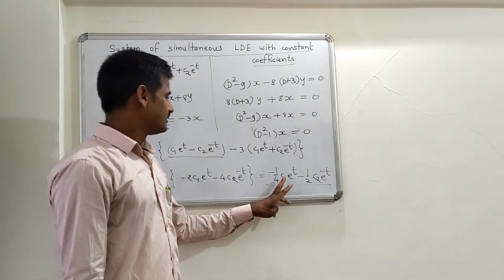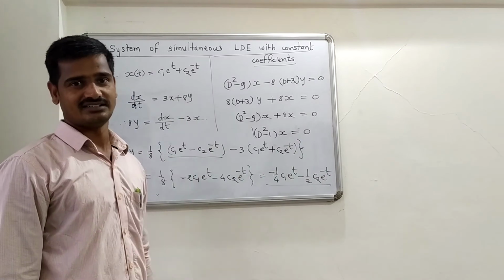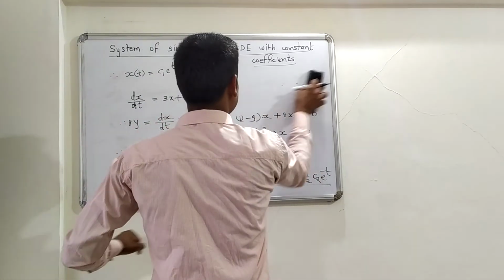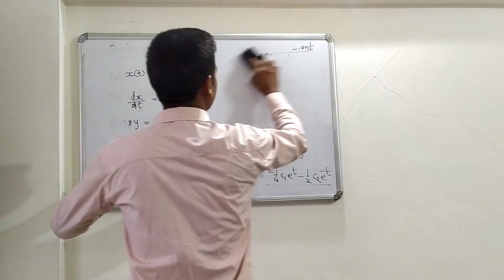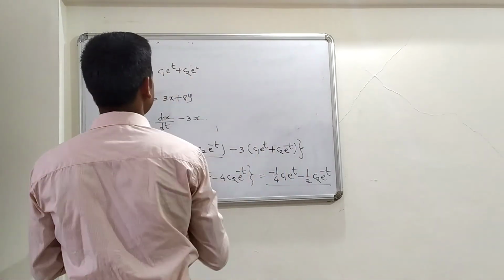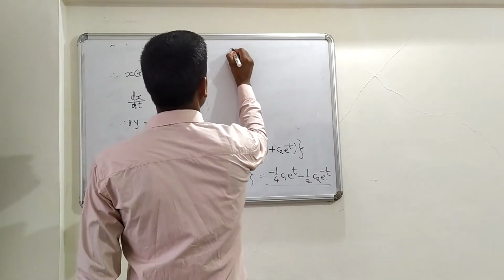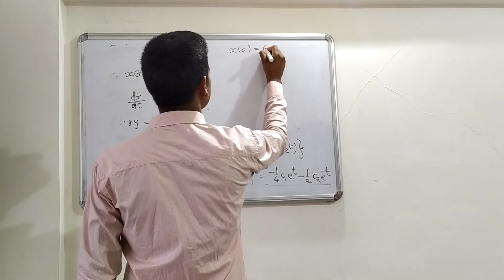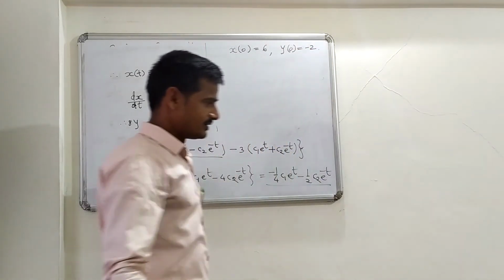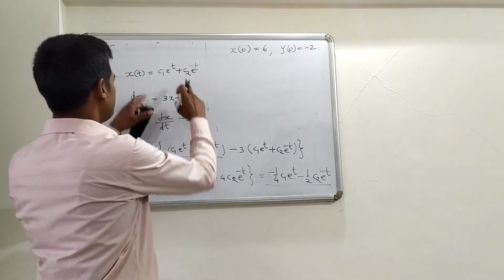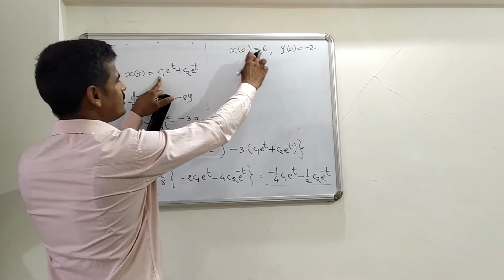And now we will determine the constants c1 and c2 with the help of the initial conditions. So what are the initial conditions? Here is the value of x. Now what is given? x(0) = 6 and y(0) = −2. So when t = 0, x is 6.